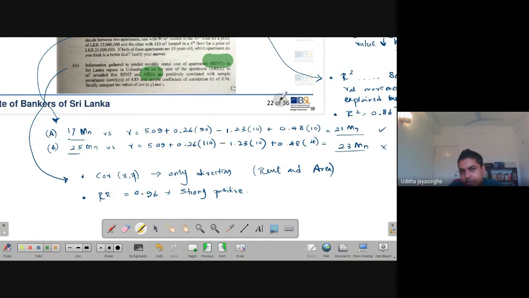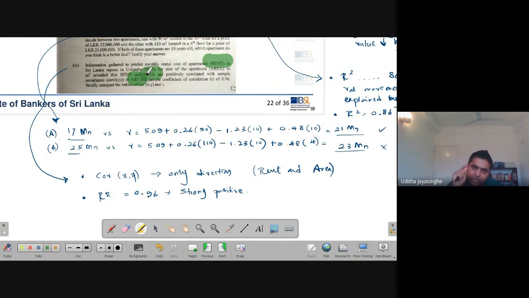So they have found some sort of covariance. That means those variables are going in the same direction. So this 6.83, this covariance value, you can conclude saying that it's a positive covariance, and only the direction of the covariance can be given by this one.